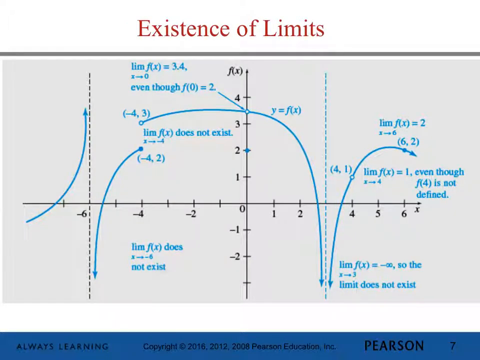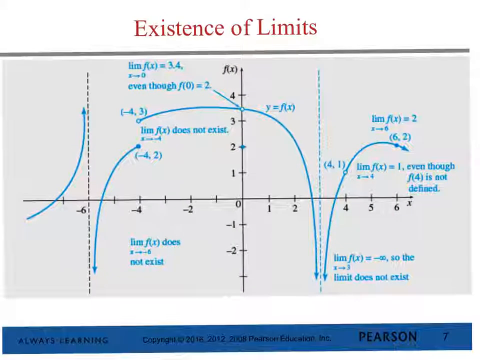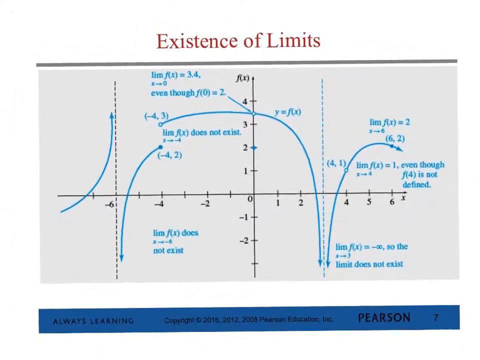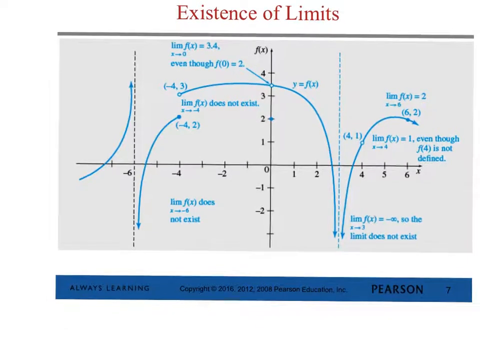So this will kind of summarize our explanation of what goes on with limits. And the first thing that we're going to look at, and I'm going to try to reposition this a little bit so that you can see it a little better. Here's x equals -6.